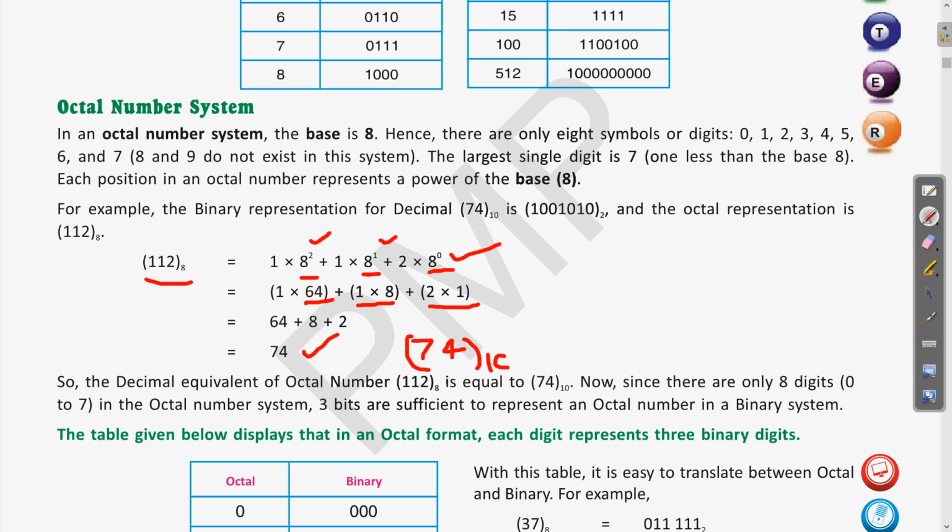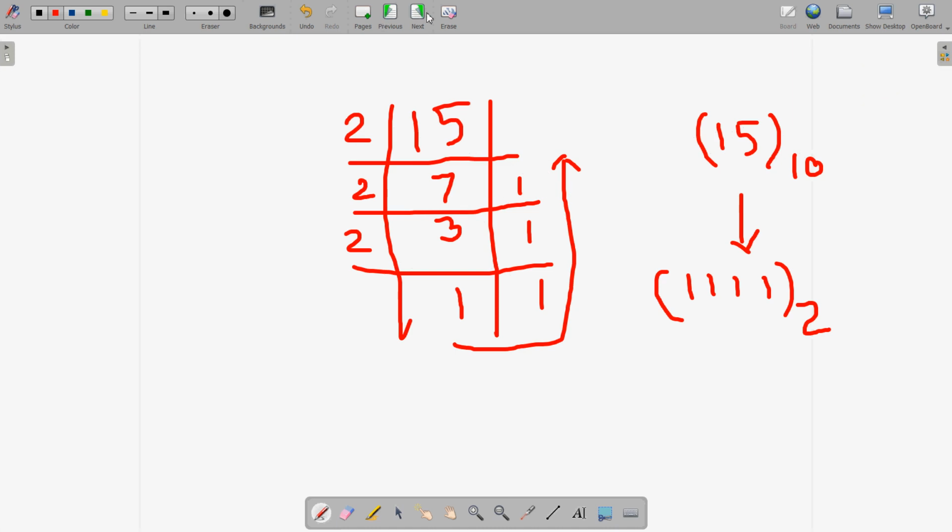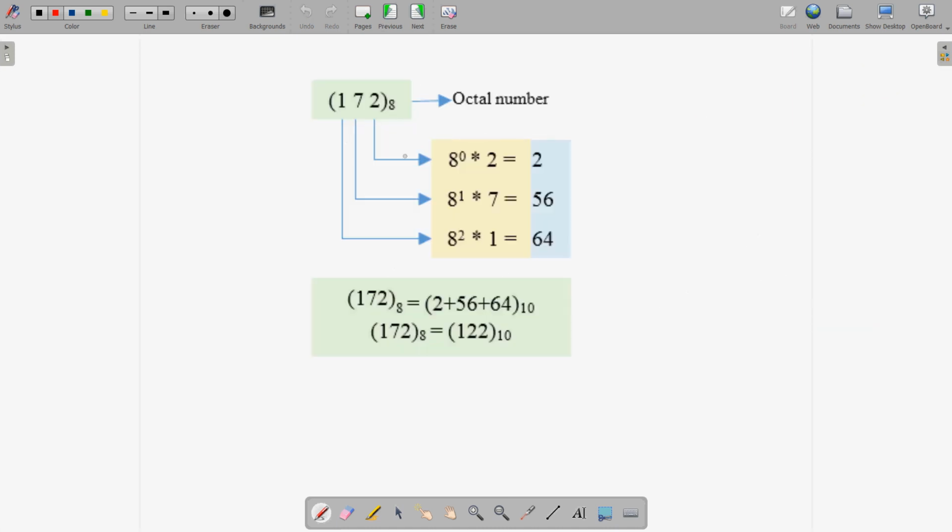Let us see one more example. Come to the digital board and move to the next. Here we have a number 172, which is an octal, and you are going to convert this into the decimal number system. Each of the digits, that is 2, 7, 1, is multiplied with a power. The 2 is the rightmost, so we multiply it with 8 power 0.